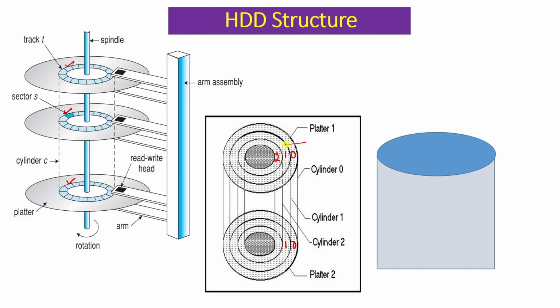Let's say this is platter number 0, this is platter number 1, and so on. I will show the whole hard disk with this simple diagram, and I will not redraw it again and again.